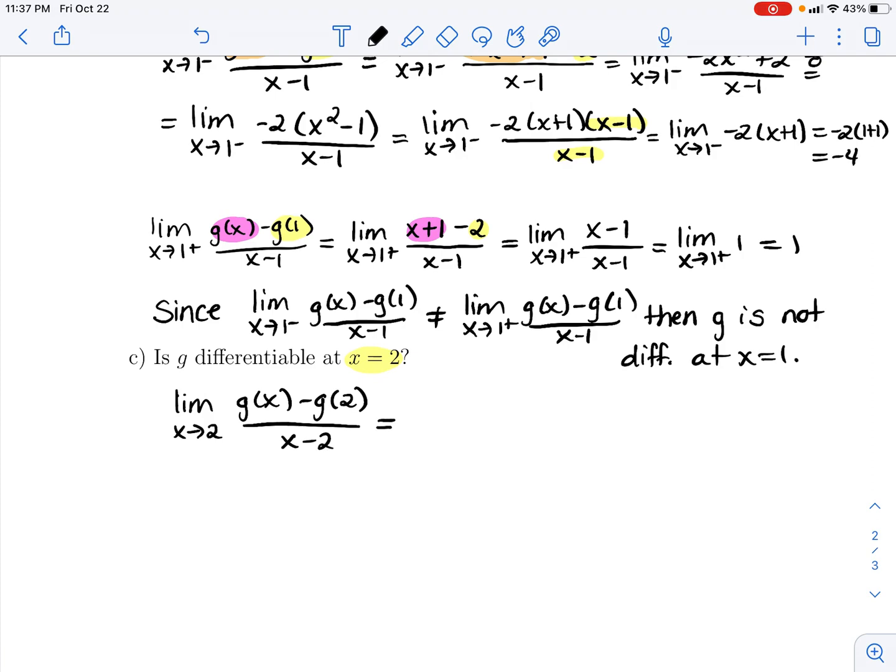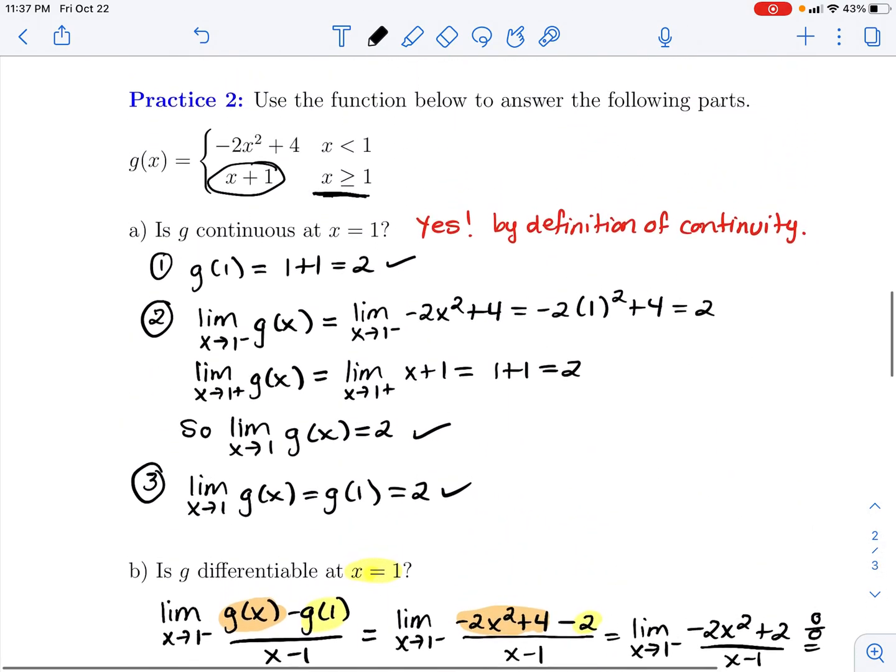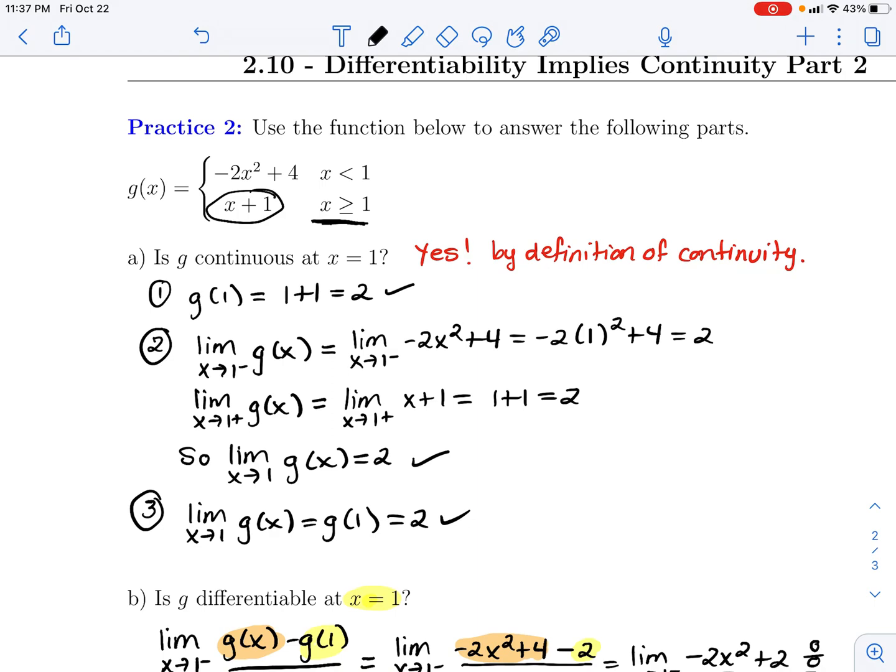Okay, so again, I don't need to consider the left-handed and right-handed limits in this case because I'm not switching from one piece to the other at x equals 2, because in fact, for all x values greater than or equal to 1, I'm just using this bottom piece here.